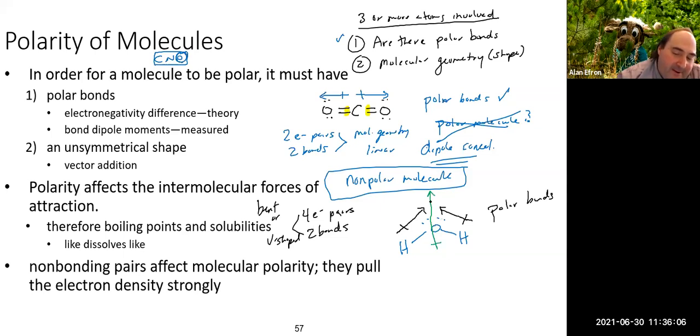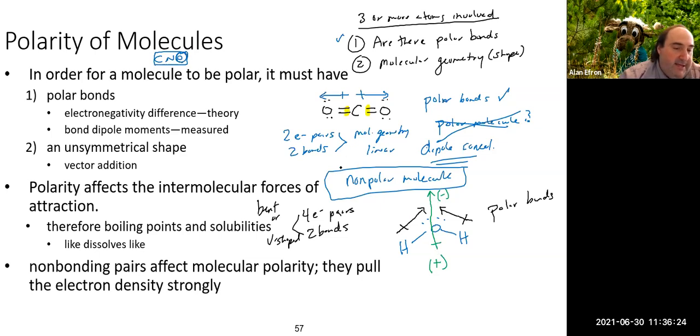So this dipole moment running this way tells us that the hydrogen part of water is more positive and the oxygen part of water is more negative. Overall, the electrons are hanging out towards the oxygen versus the hydrogen. What does that really mean?